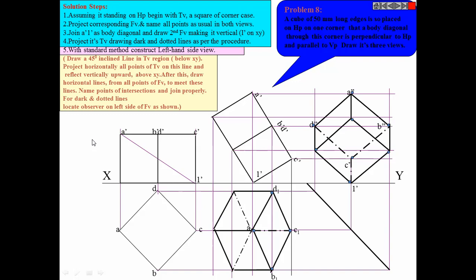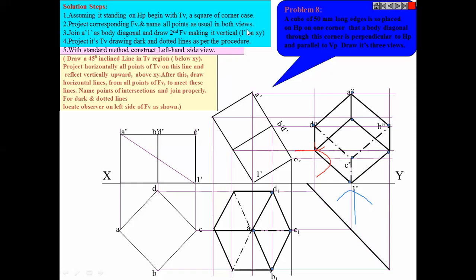Correct? So from where this side view is being seen, someone draw the arrow. Someone draw an arrow on my screen. No, I am not talking about this object.